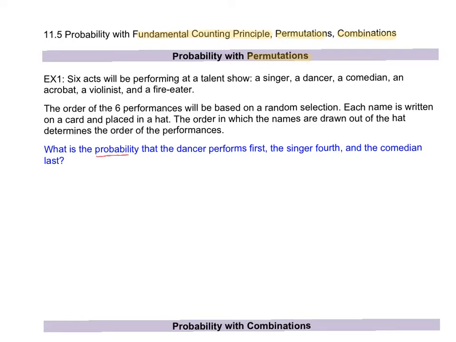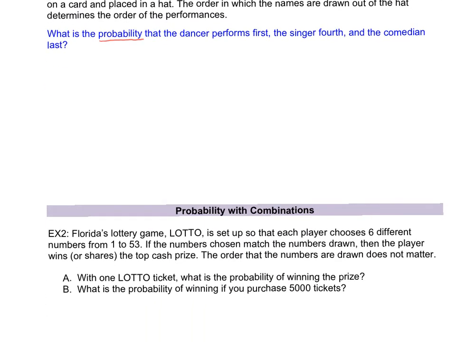So again, we're looking for a probability, which means a fraction. We have to figure out what's going to go in the numerator and what's going to go in the denominator. The numerator is our particular event. And the particular event that we're looking for is dancer first, singer fourth, comedian last. So oftentimes when I'm trying to figure out my event or my sample space, especially with this particular case, which is a permutation.